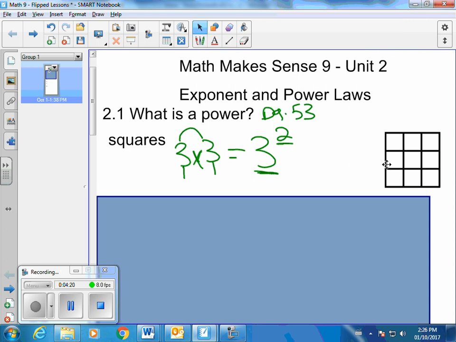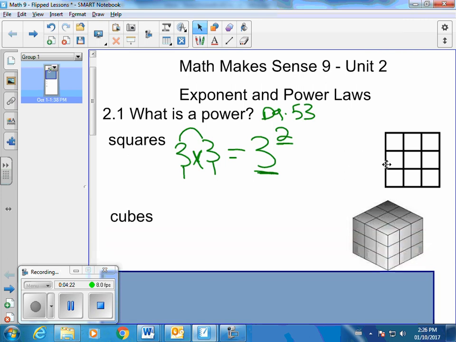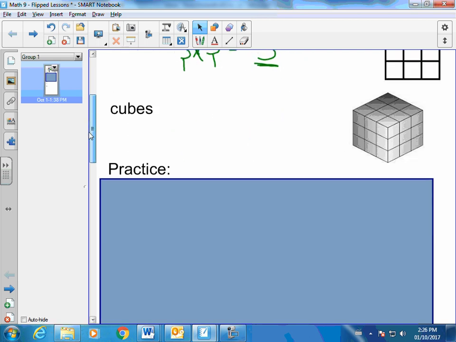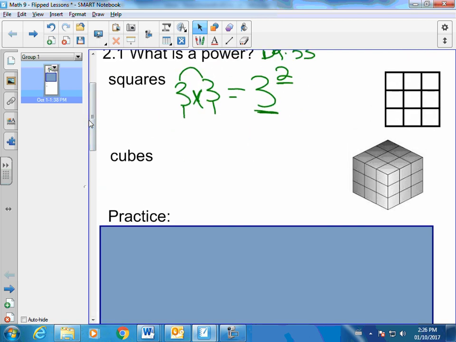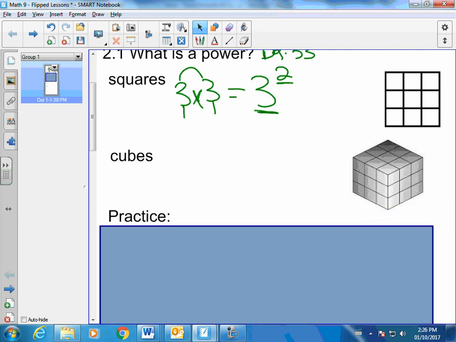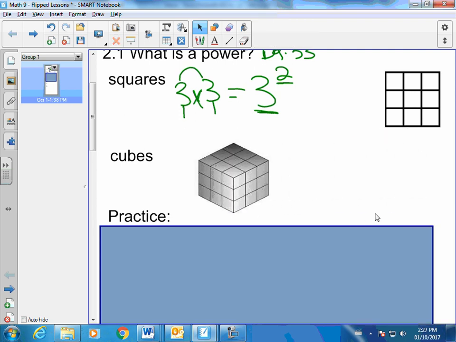So we can take another example. We can actually look at how this works when we're talking about cubes. The same principle at work with squares is the one that's at work with cubes. If we look at our average cube, we're going to have, once again, let's go ahead and pretend that this is 1 centimeter.